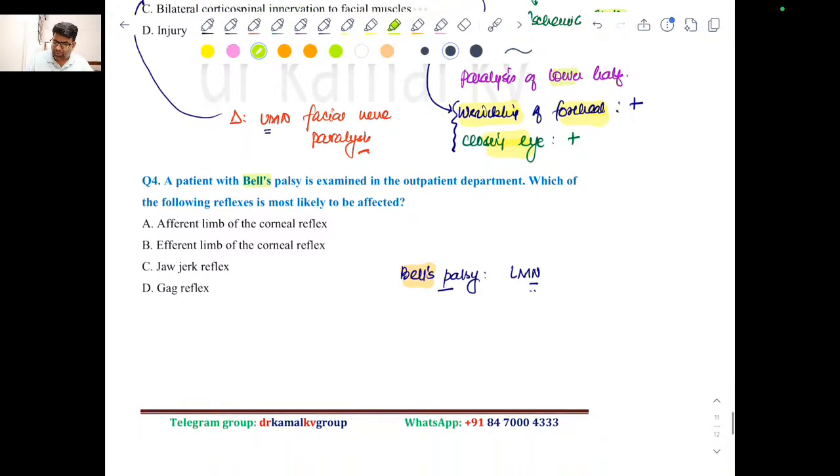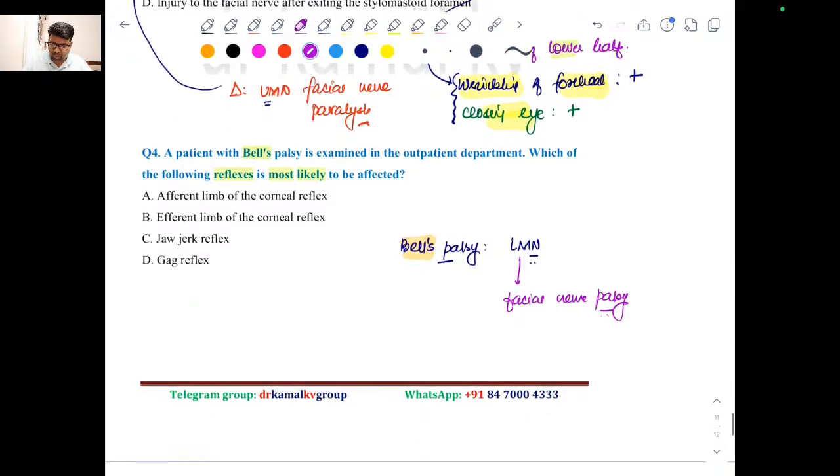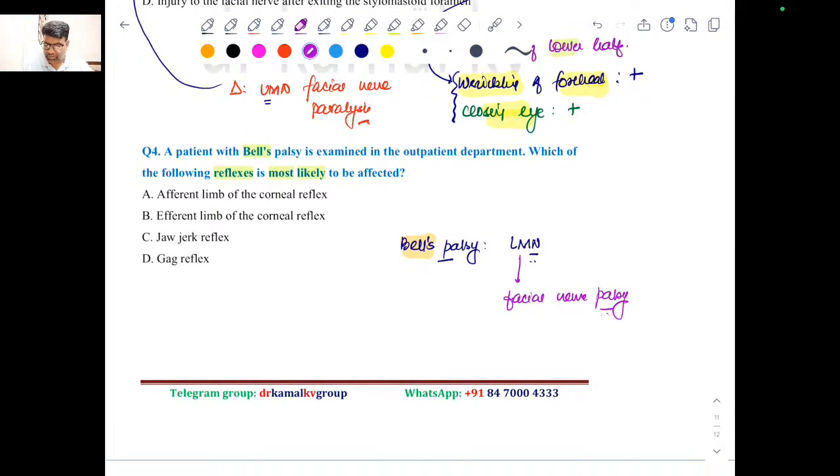Now let us come to the question: which reflex is most likely to be affected? Now Bell's palsy is lower motor neuron facial nerve palsy. Out of these options, which is related to the facial nerve?